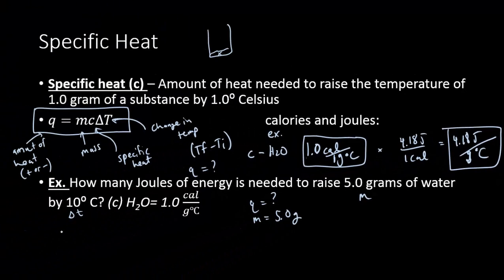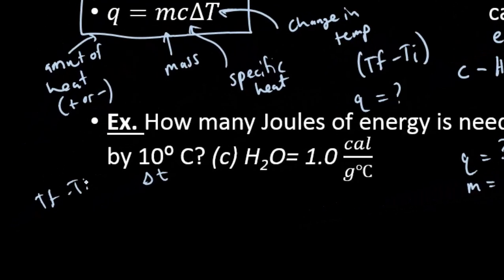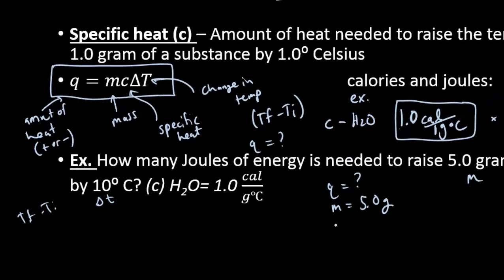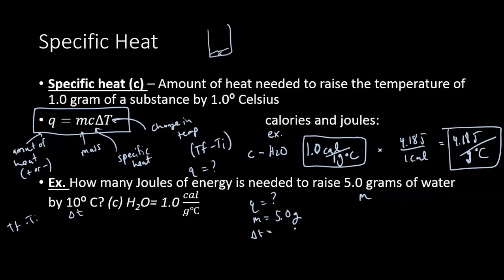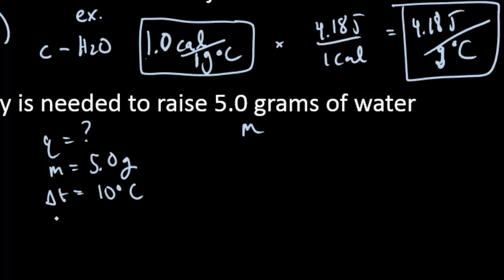Change in temperature is always final minus initial. If it goes up 10 degrees, let's say it was at 110, and it goes up to 120, 120 minus 110, that's a positive change in temperature. So delta T here is 10 degrees Celsius, and C for water is 1 calorie per gram degree Celsius.